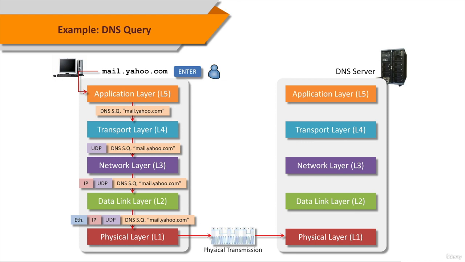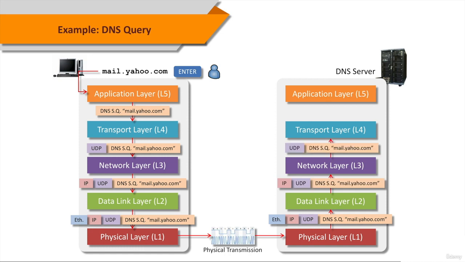Thus, the data at each layer is encapsulated in the information appropriate for the specific layer, including addressing and error checking. The overall size of the information increases as the data travels through the lower layers from Layer 4 to Layer 1. The destination device, which is the DNS server here, receives the data, and this additional information is analyzed and then removed as the data passes through the higher layers up to the application layer, where the data is decapsulated.